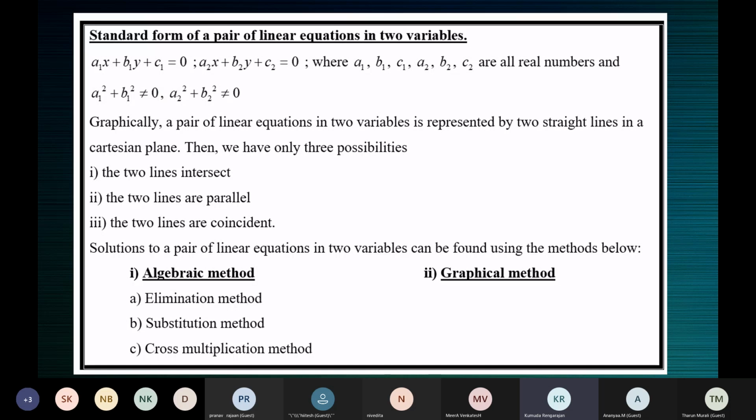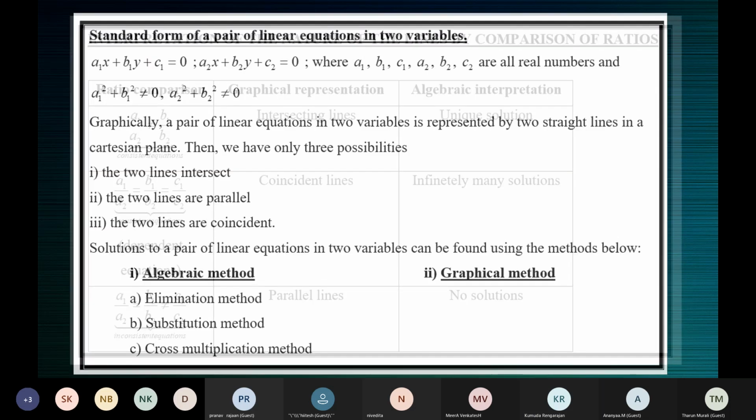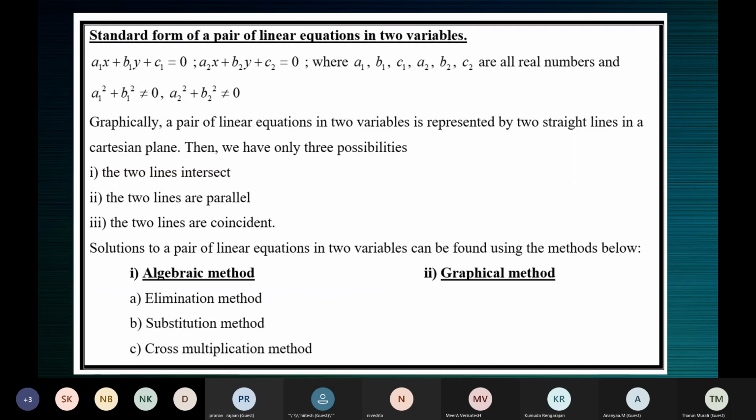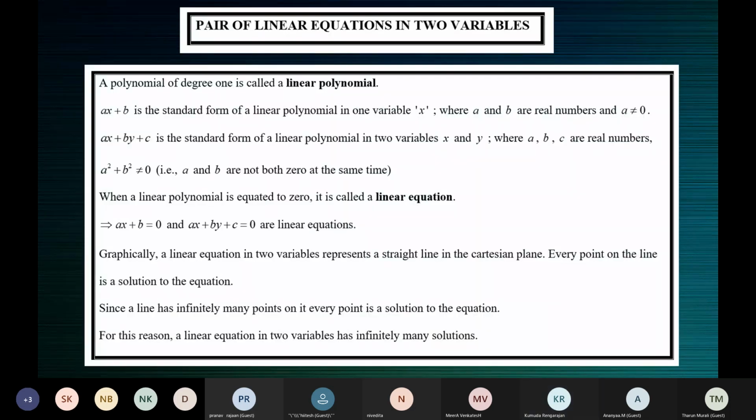Yes, I think we went away from math, so we can now continue. So far, what you've seen is the standard form: linear polynomial in one variable x, linear polynomial in two variables x and y, and their conditions.